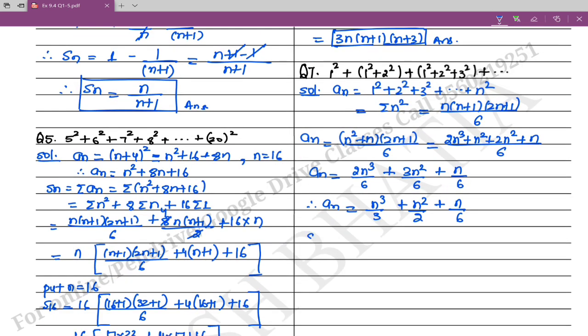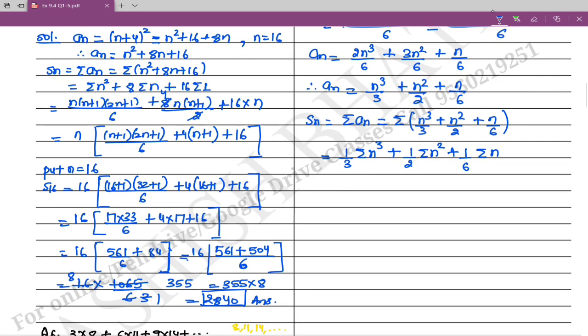So now Sn will be equal to summation of an, which will be equal to summation of n cube by 3 plus n square by 2 plus n by 6, which will be equal to 1 by 3 summation of n cube plus 1 by 2 summation of n square plus 1 by 6 summation of n.